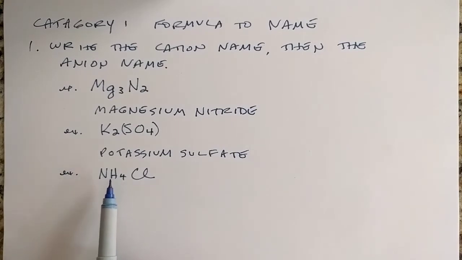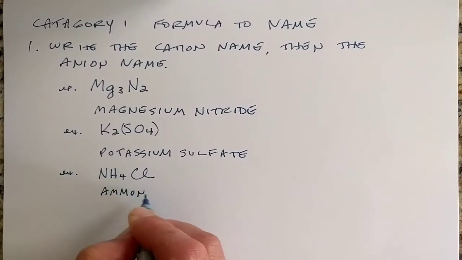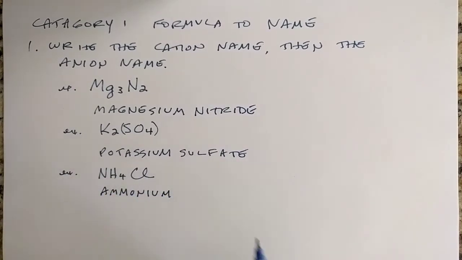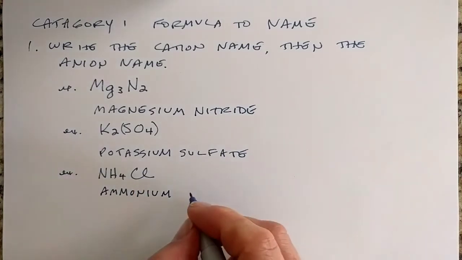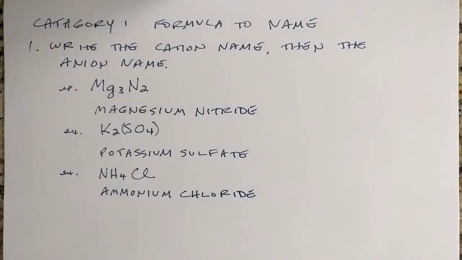So you check your polyatomic ion chart, NH4, this is ammonium. And chlorine as an ion is the chloride ion, ending in IDE. And that's it. We're done. Easy as that.